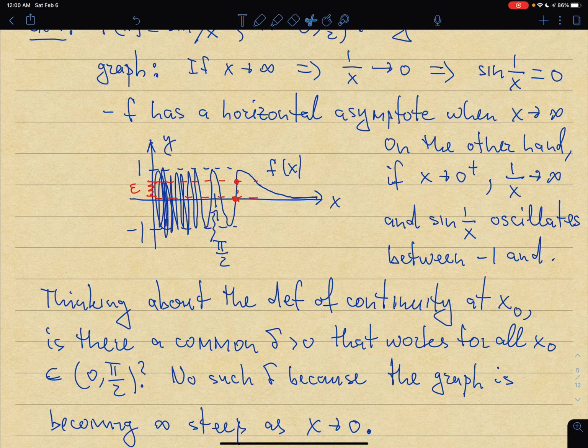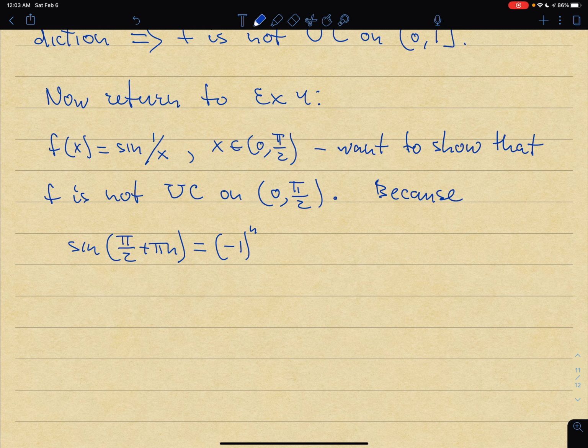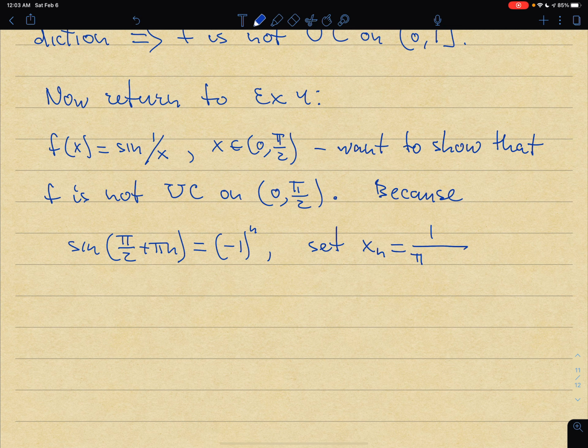So because this is true, I'm going to set xn to be 1 over (pi over 2 plus pi n).